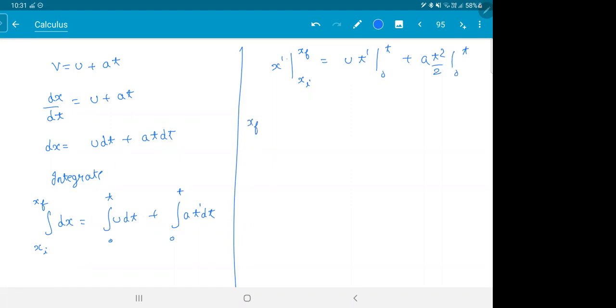So x final minus x initial is ut plus half at square. But what is x final minus x initial? Displacement. This is your second equation. Double integration basically. First integrate a, then again integrate that function. So we did a double integration. Check it out. Put down the steps.